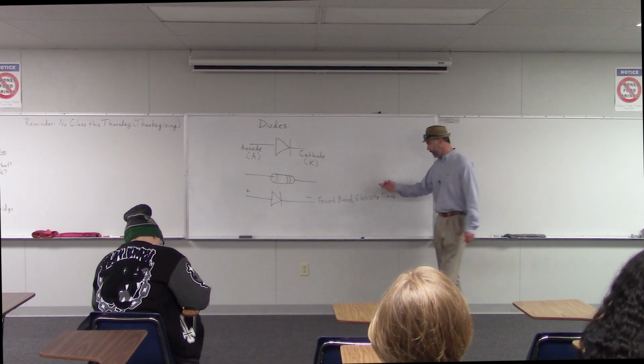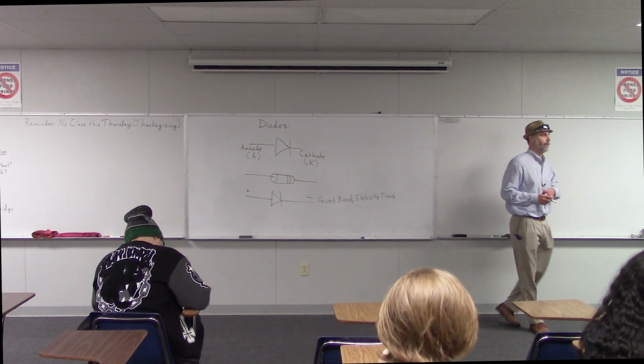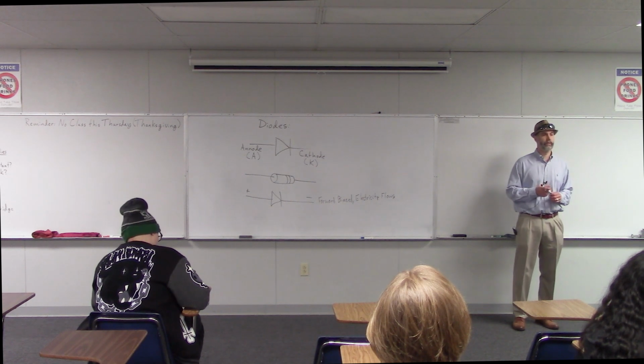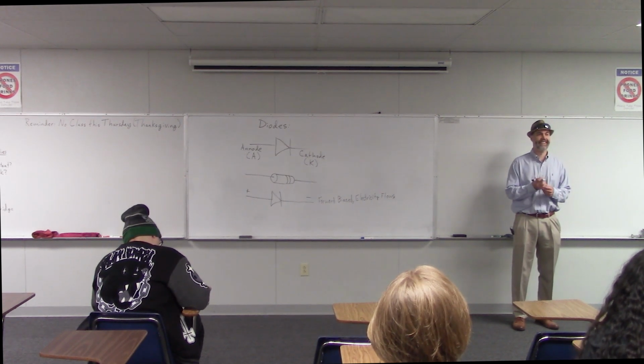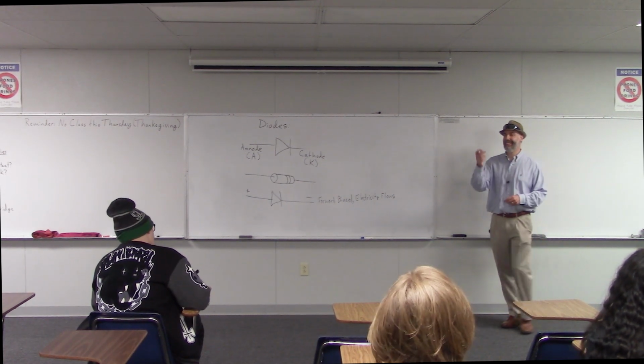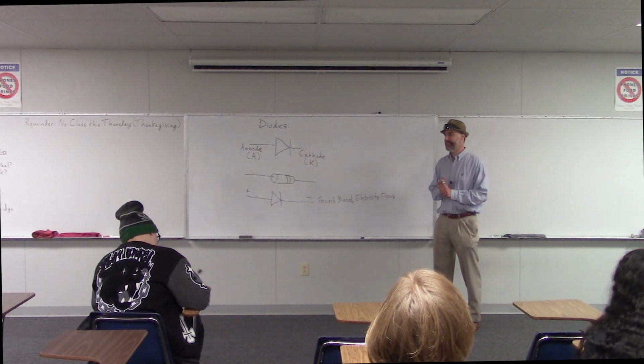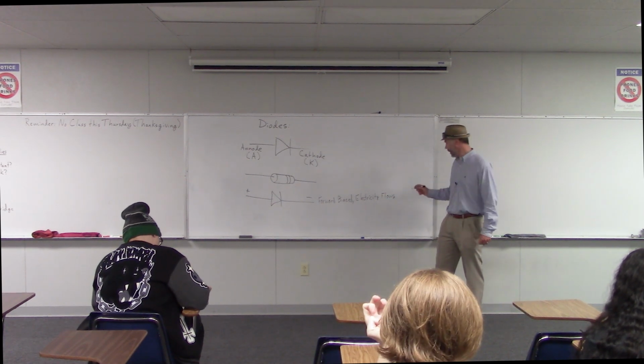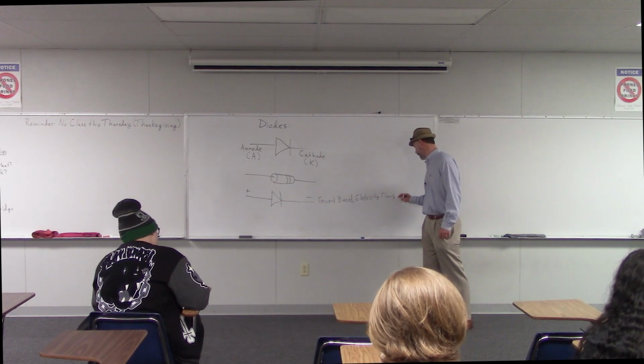And what is the voltage across that diode, approximately? That's okay. Yeah. Connor? Around 0.6 to 0.7 volts. Yeah, 0.6, 0.7 volts, something like that.